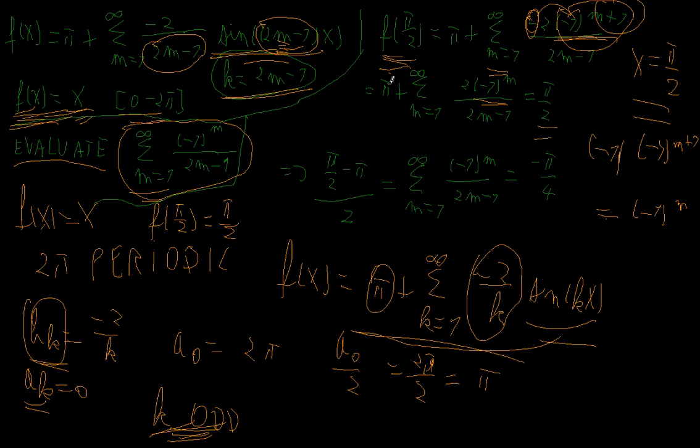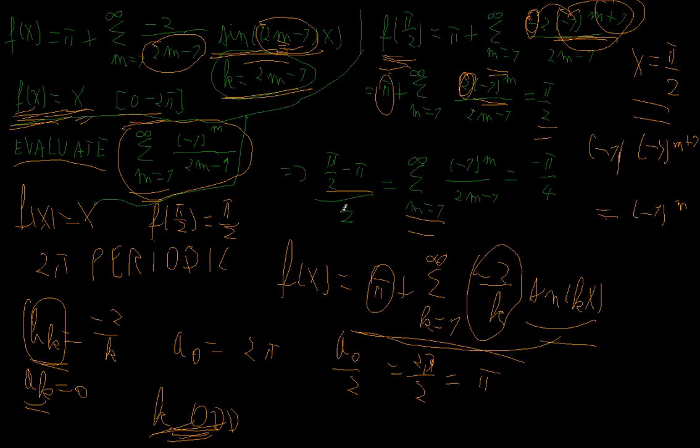Now I can take this pi here to the other side, and I can divide by 2. So you have pi over 2 minus pi, sorry, over 2. So this 2 here is equal to the sum from m is equal to 1 to infinity of minus 1 to the m power over 2m minus 1.